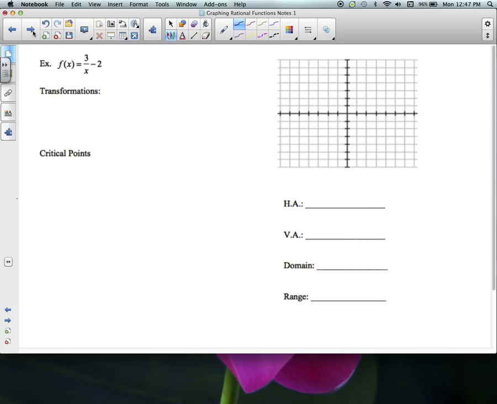All right, so here you're going to see the 3 on the top means vertical stretch by a factor of 3. And then the -2 on the outside is going to be a translate down 2.